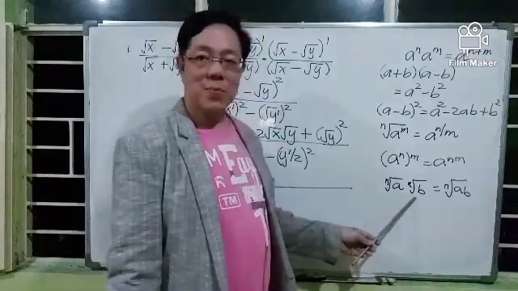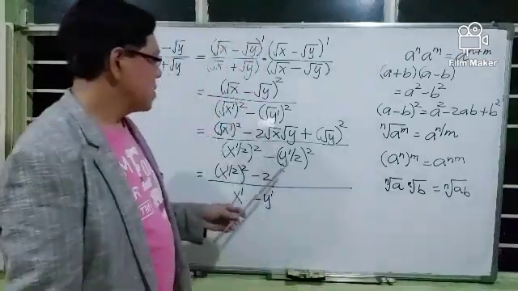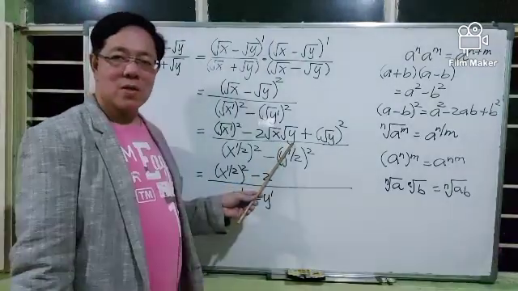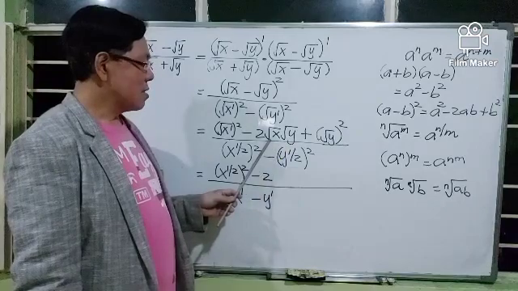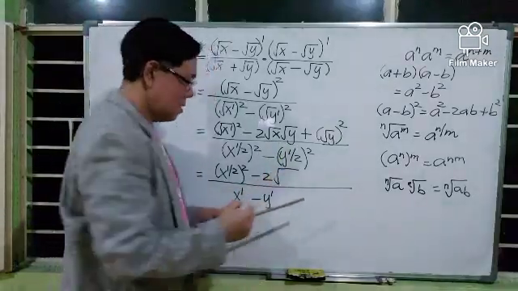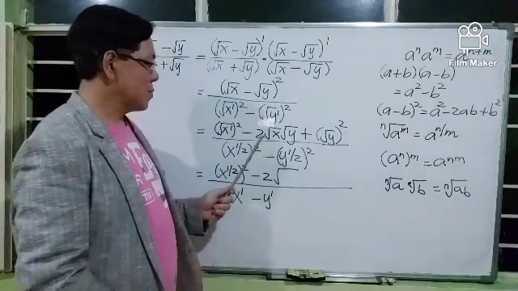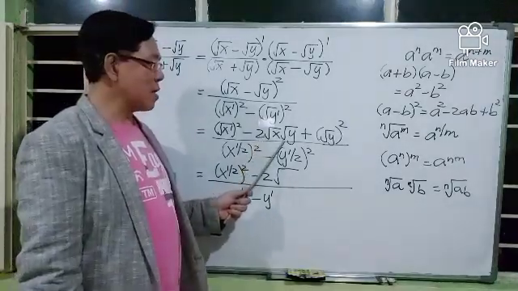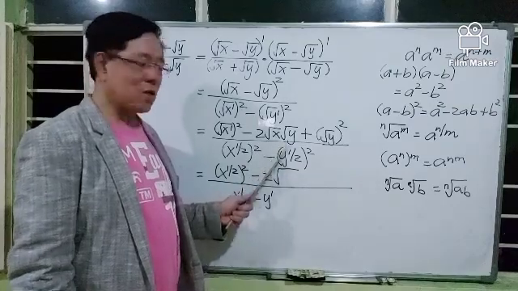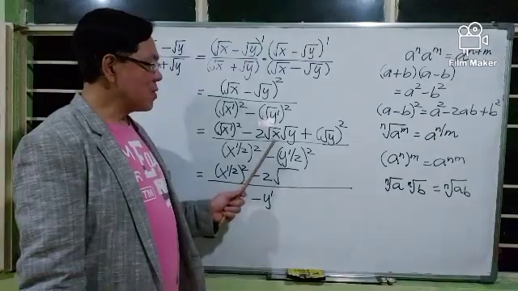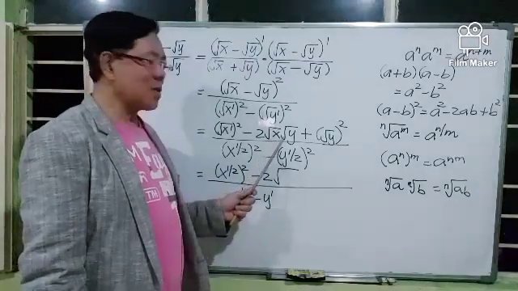So we apply this property of radical to multiply square root of x square root of y as a single radical. The index of square root of x is 2. The index of square root of y is 2. The common index is 2, or square root of 2. And we multiply the radicals x multiplied by y.